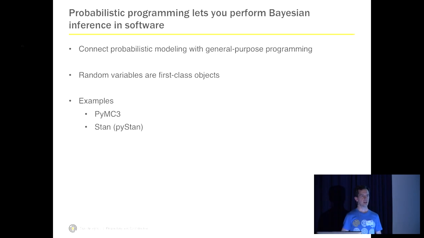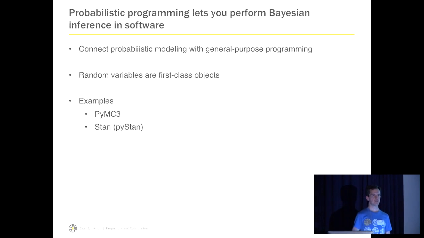In Python, you have your functions, you have your classes, you have floats and integers, but in probabilistic programming, you also have a variable with a normal distribution, a variable that's drawn from a Bernoulli distribution. There's a lot of examples of probabilistic programming languages. If you're doing this in Python or from Python, then I think the two primary examples are PyMC3 and Stan, or the Python interface to Stan is Pystan.